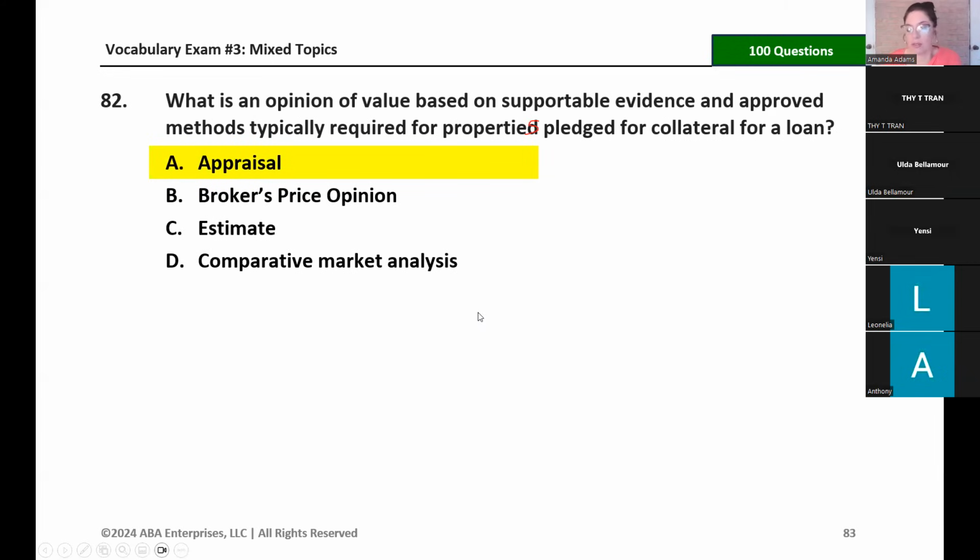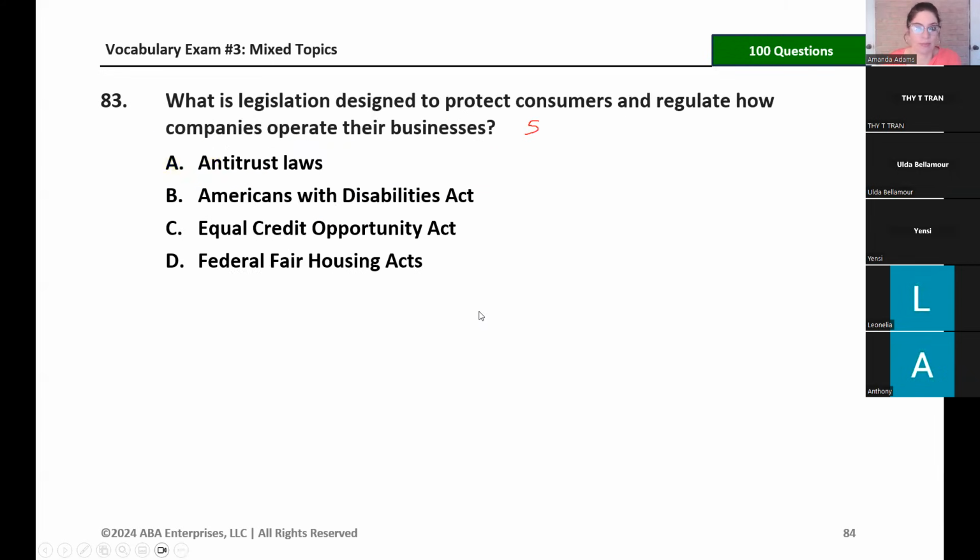That's an appraisal. Number 83. What is legislation designed to protect consumers and regulate how companies operate their businesses? Those are A, antitrust laws. Antitrust.